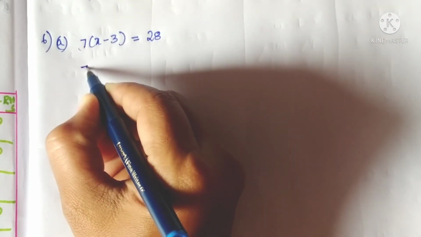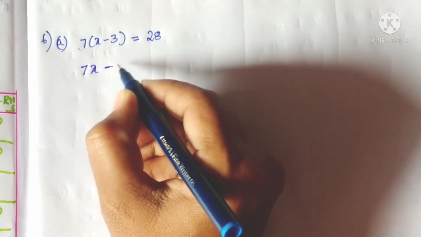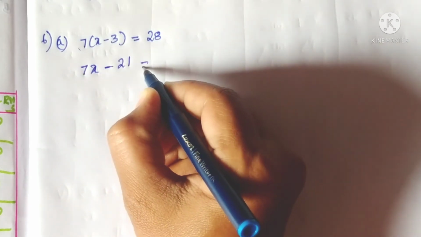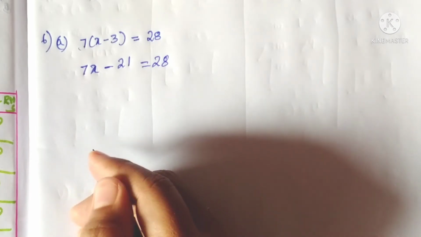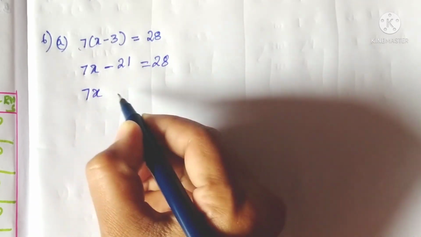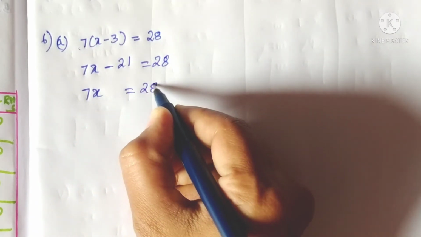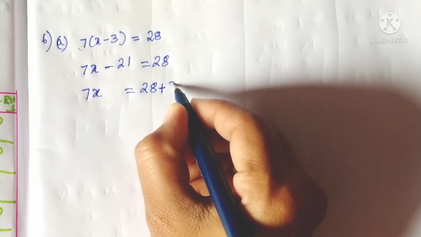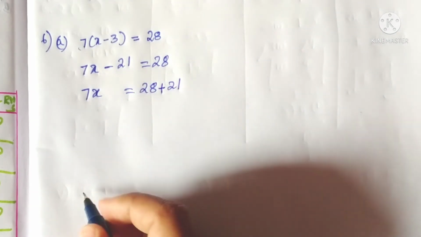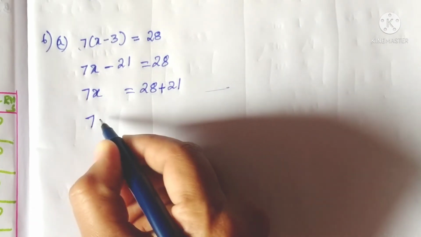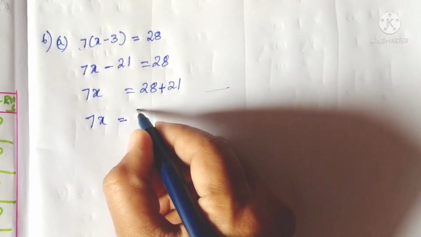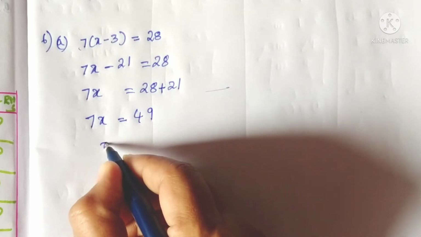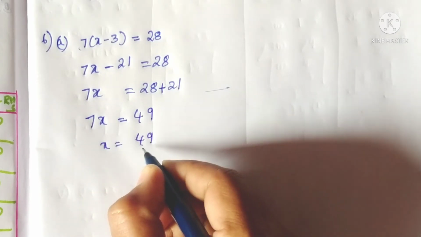So 7 into x, 7x minus 7 into 3, 21 equals 28. So 7x is equal to 28, and if we transpose minus 21, it comes under addition, plus 21. So 7x is equal to 49.